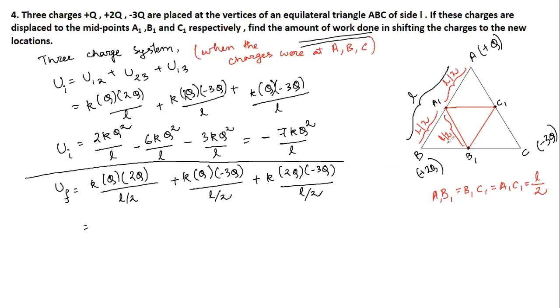The separation between them is how much? L by 2. Okay, and when you do the calculations, you will get how much? 4K Q square by L. You take 2 in the numerator. Here also you will get how much? 6K Q square by L. So you will have a minus sign there.